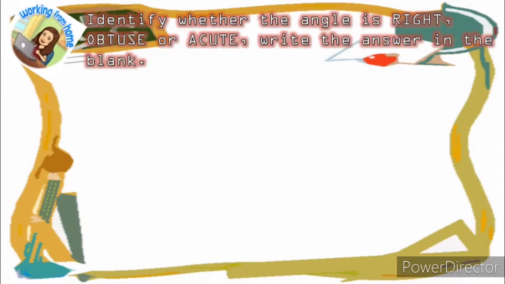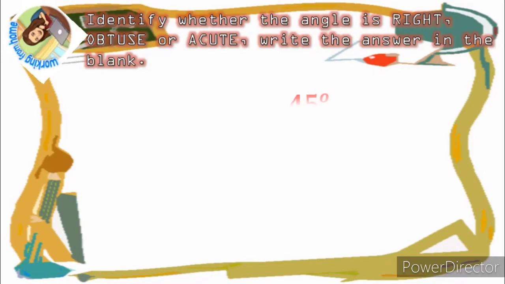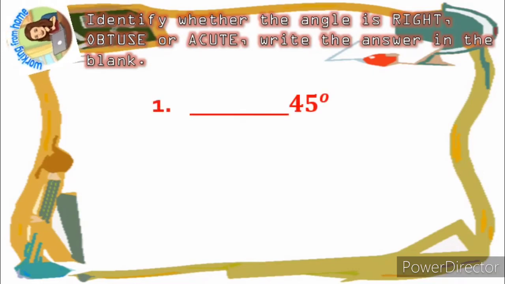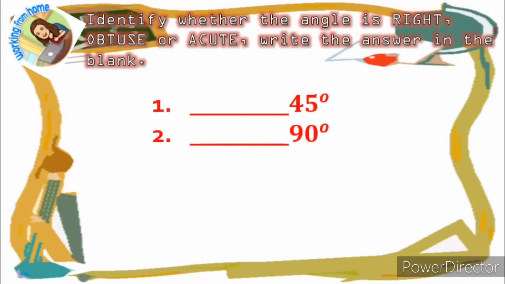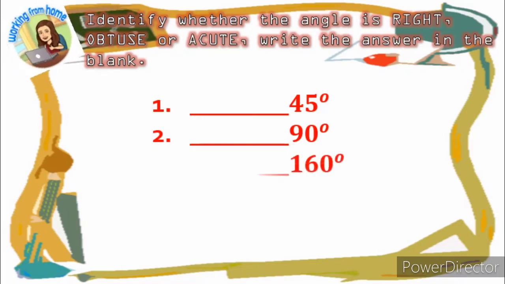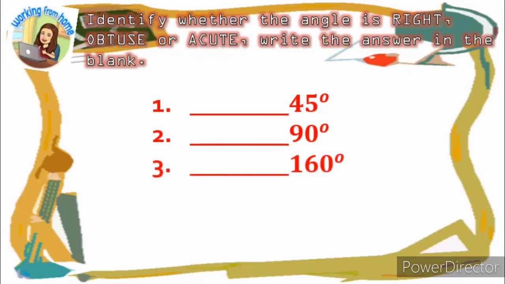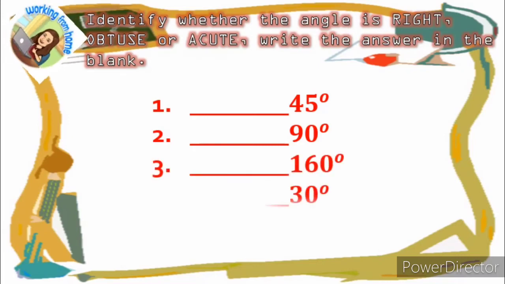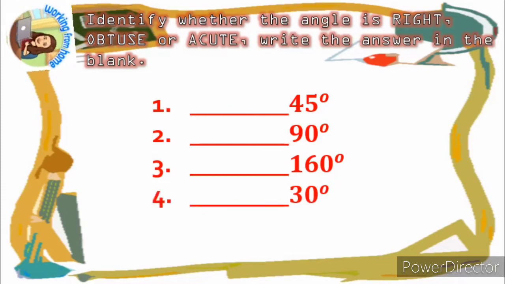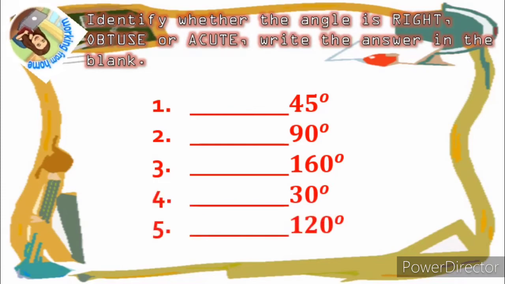So for your activity, identify whether the angle is right, obtuse, or acute. Write the answer in the blank. Number 1, 45 degrees. Number 2, 90 degrees. Number 3, 160 degrees. Number 4, 30 degrees. And number 5, 120 degrees.